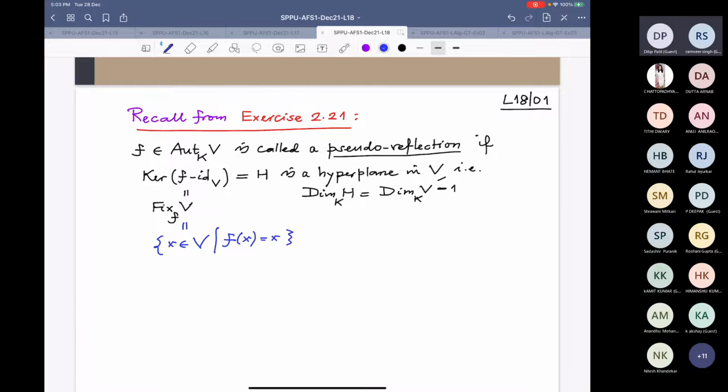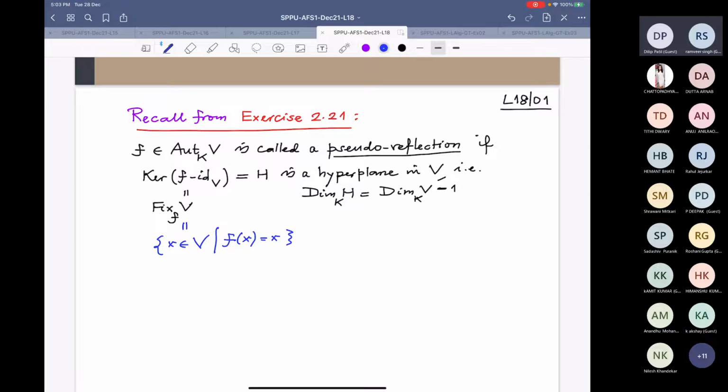This is the same thing as the kernel of f minus id_V. And we are assuming it is a pseudo reflection, so by definition the fixed point set is a hyperplane in V. Hyperplane means one dimension less.